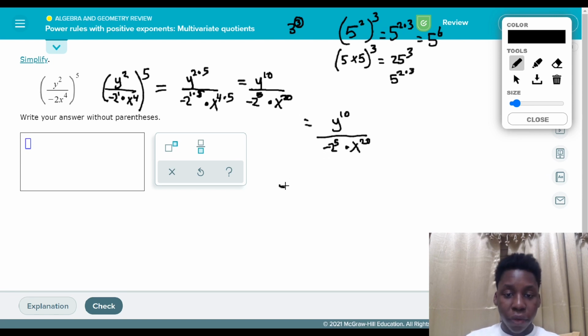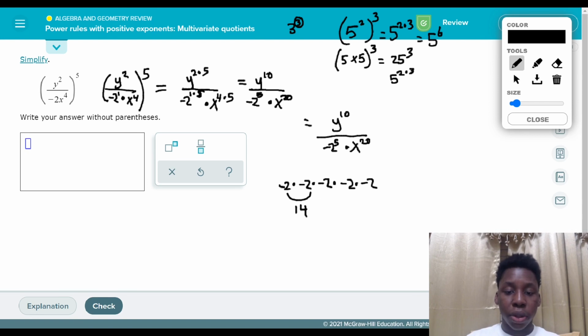So minus 2 to the power 5 will multiply minus 2 5 times. It's minus 2 times minus 2 times minus 2 times minus 2 times minus 2. So 1, 2, 3, 4, 5. When you multiply minus 2 times minus 2, that's a 4, right? So this times this is a 4. And 4 times a minus 2, this minus 2 here, that becomes a minus 8, right?